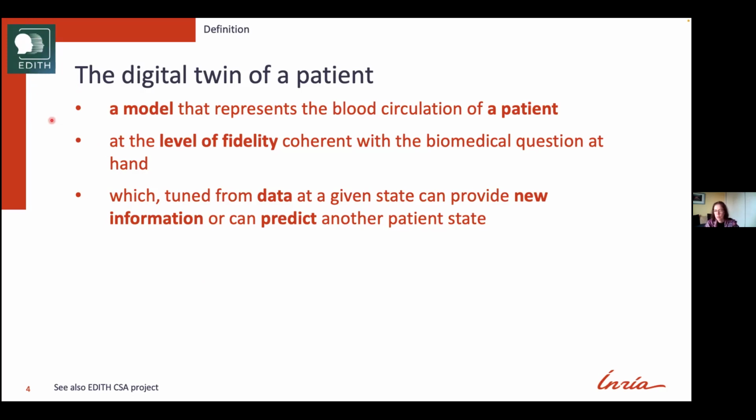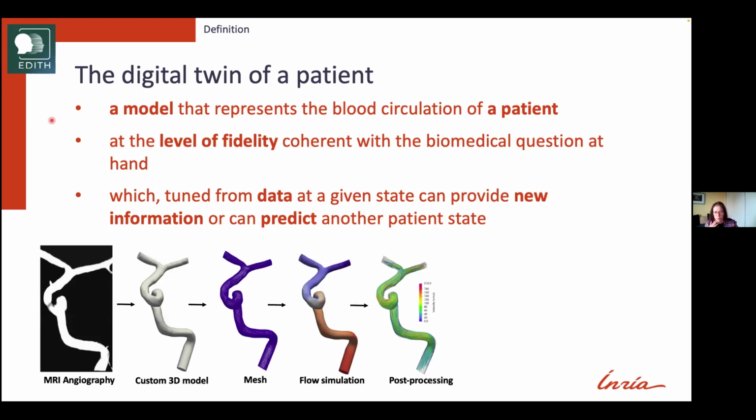And the data, we have it at a given state. And this allows us to either provide new information of a given state that typically is difficult to measure, or it enables us to predict another patient state, such as during a surgery. So I will give a more concrete example afterwards.